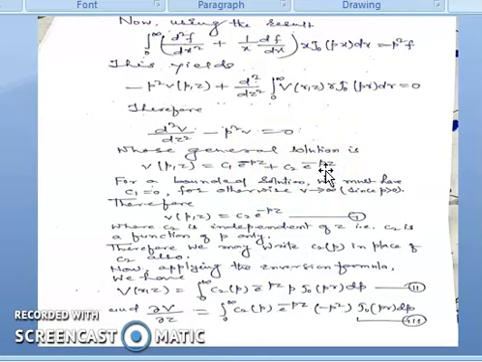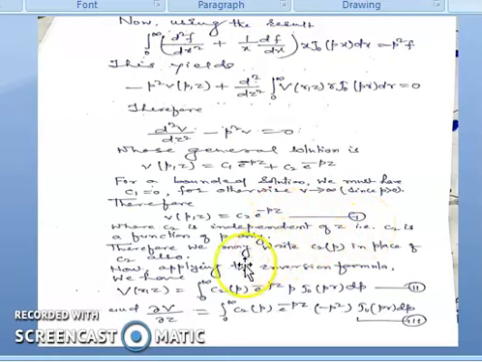As usual, we first find the value of c1 and then c2. By the condition, the c1 part becomes 0, and we get V(p, z) = c2 e^(-pz). This is equation number 1.